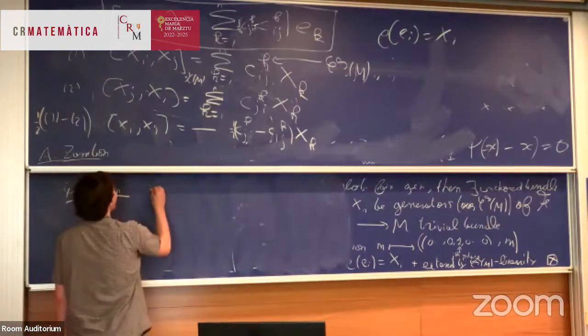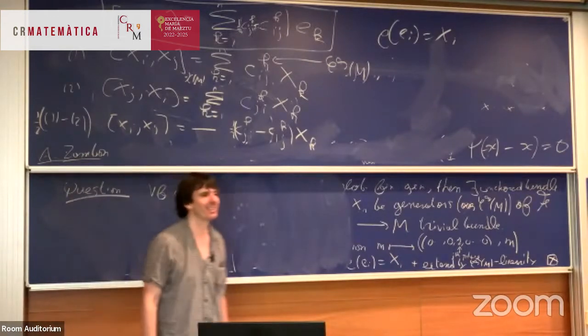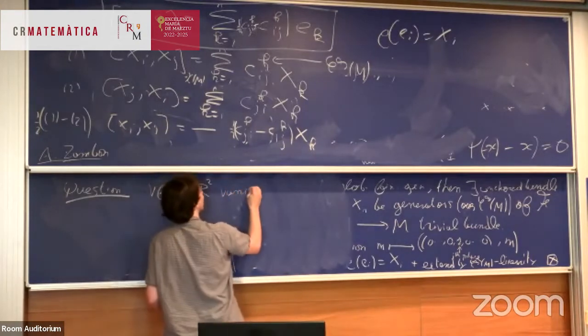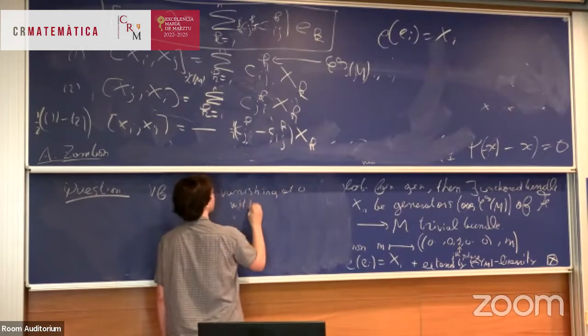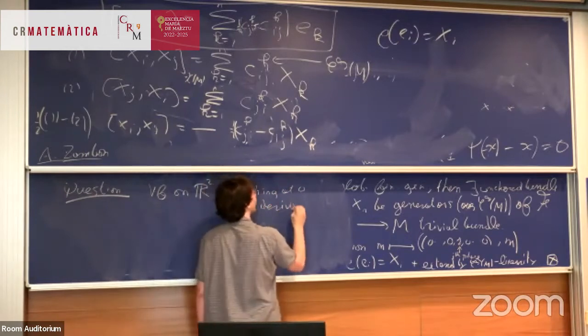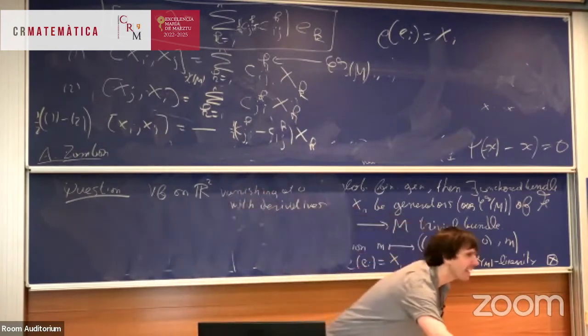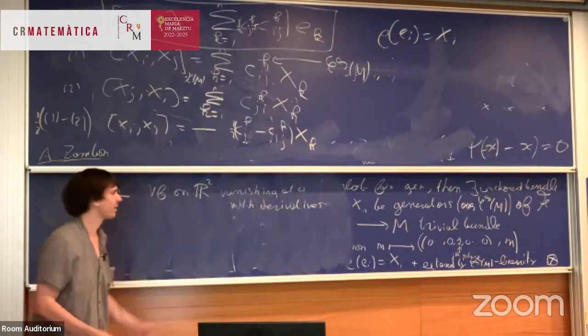Just take vector fields on R2, just R2, that vanish quadratically at 0. Vanish at 0 with their derivatives. Yeah, that's a singular foliation. We saw it yesterday. It has 6 generators.